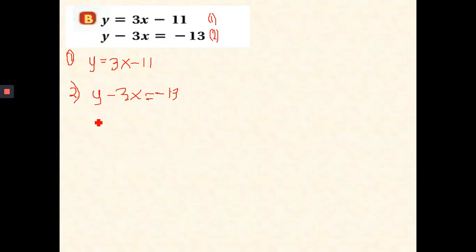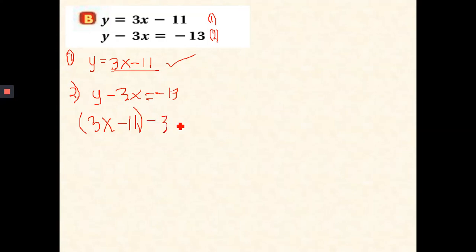So we're going to plug in or substitute. Instead of writing y, we are going to substitute it by 3x minus 11. So let us enclose. Again, instead of writing y, we're going to replace it or substitute it by 3x minus 11 based from the first step.